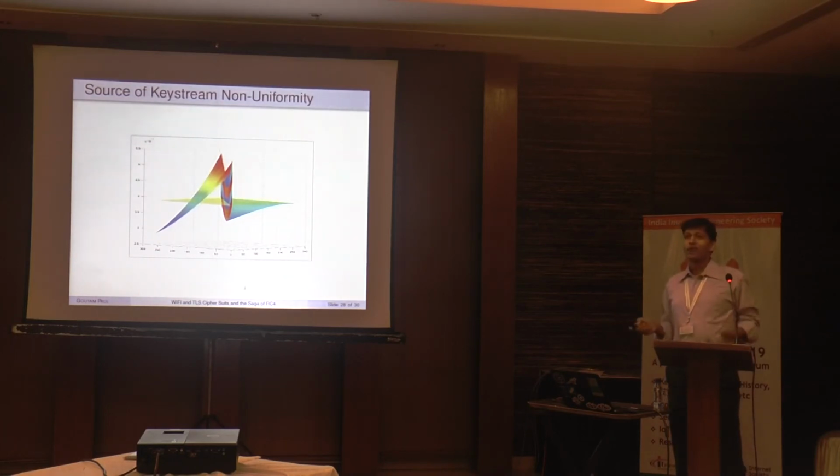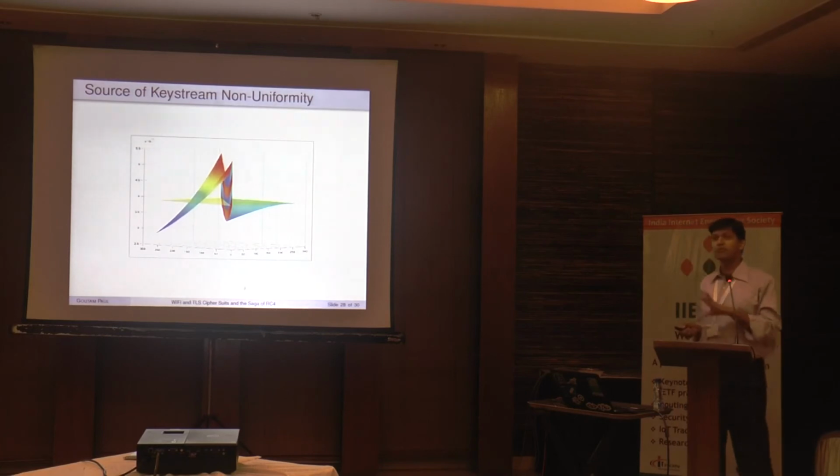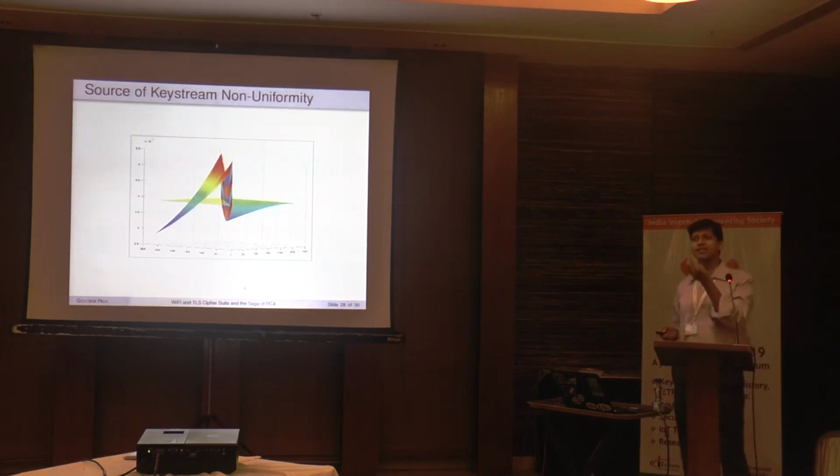Now, what is the probability that index u has the value v? That is a function of both u and v, so that will give you a 3D surface. It is a two variable function plotted against index u and value v.